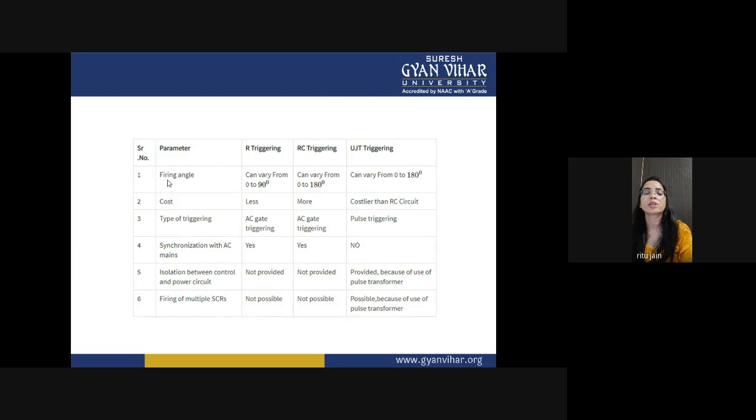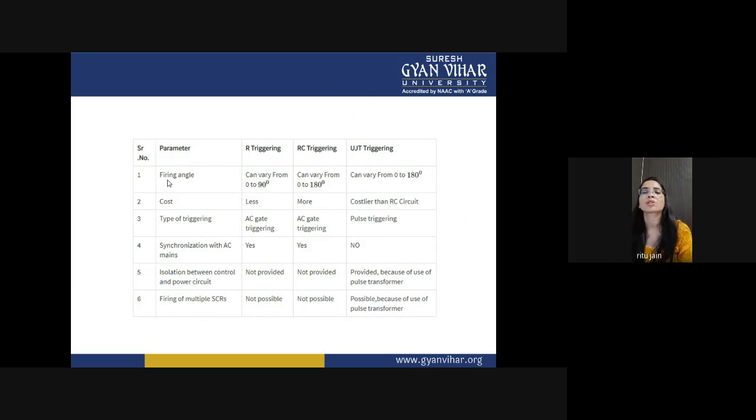So the firing angle range is increased from 90 degree to 180 degree. This is the benefit of RC triggering, that you can change the firing angle from 0 to 180 degree, meaning the range of firing angle is more than R triggering.